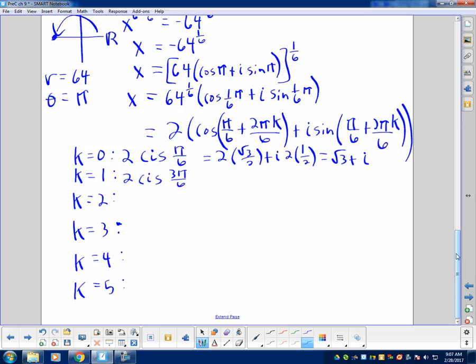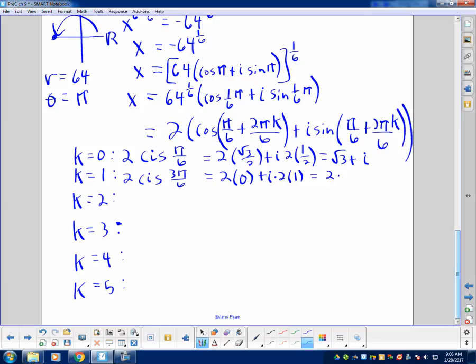So this would be 2 times, what's cosine of 3 pi over 6? 4 pi over 2. 0. Plus i times 2 times 1. And so that ends up equaling 2i.